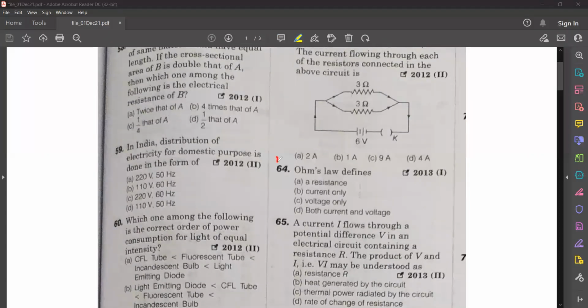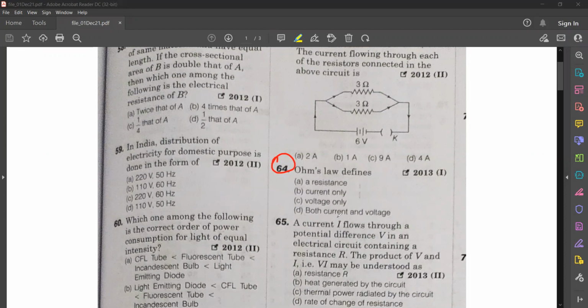Question number 64. Ohm's law defines a resistance, current only, voltage only, or both current and voltage?